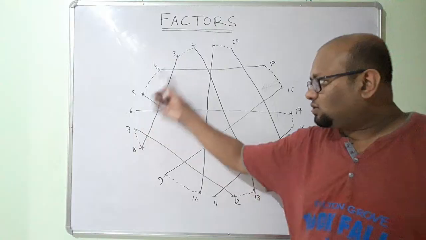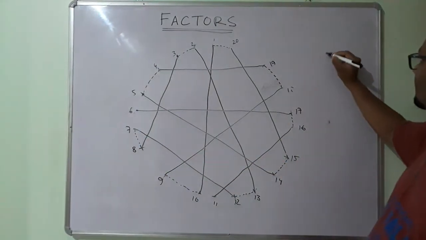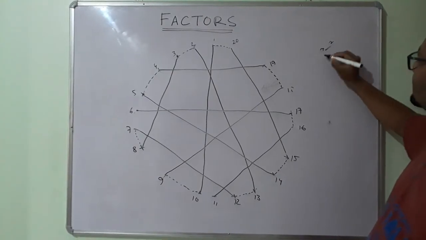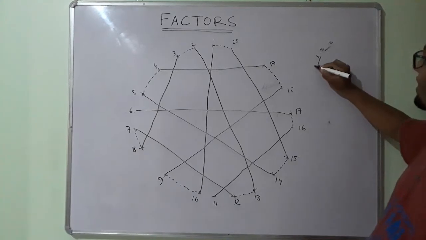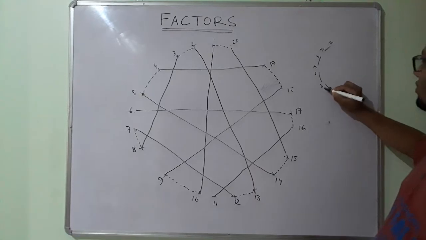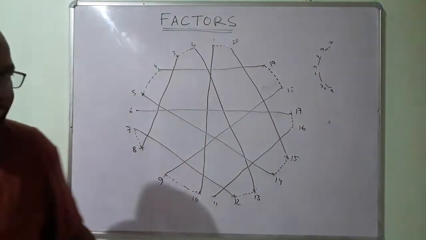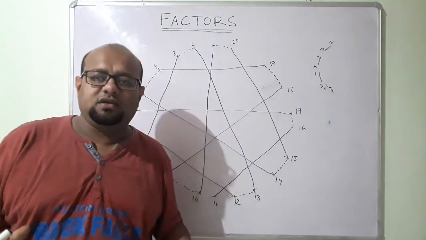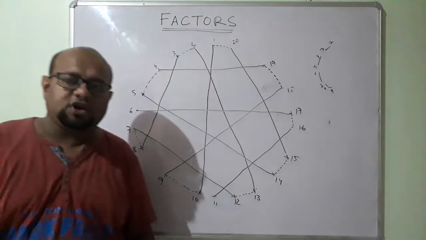If I ignore the solid lines, that gives me another subgraph. It will look like this. There will be an edge from 2 to 3, an edge from 4 to 5, 6 to 7, 8 to 9. So this is a one factor. None of these vertices has two dashed edges, so the degree is equal to 1 for every vertex.